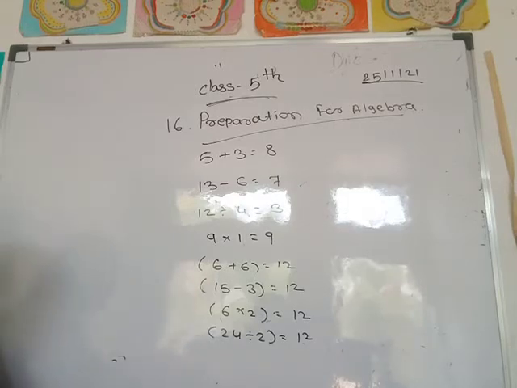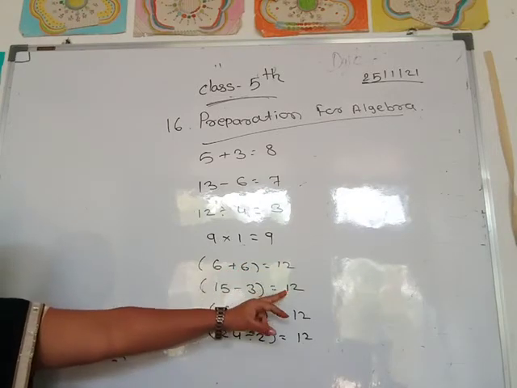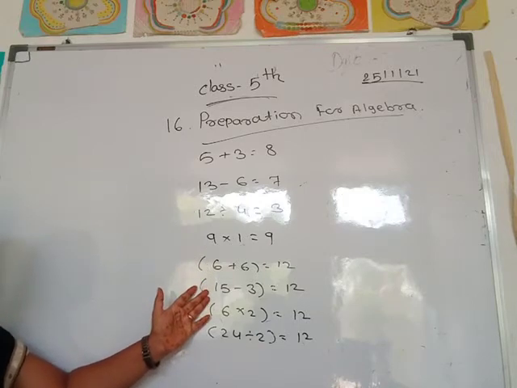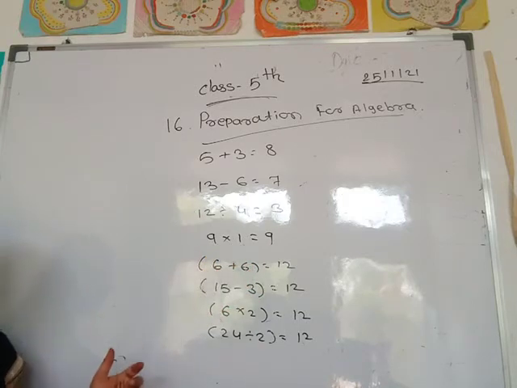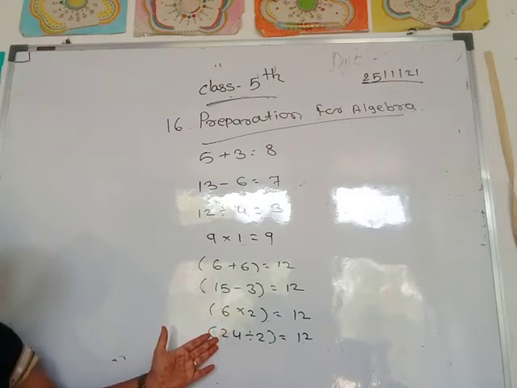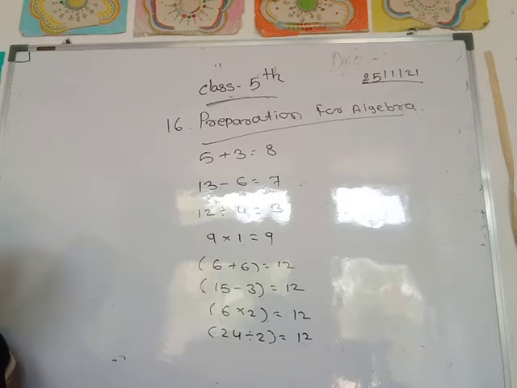The value of each of these expressions is 12, which means all these expressions are equal to each other because their values are the same. We can also write 6 plus 6 is equal to 15 minus 3. These two expressions have the same value. Similarly, 6 into 2 is equal to 24 divided by 2 is called an equality.